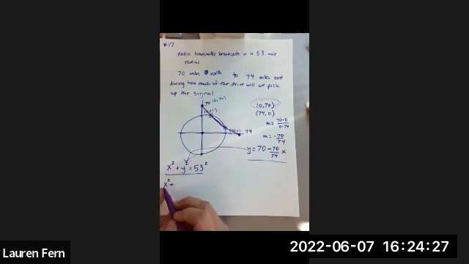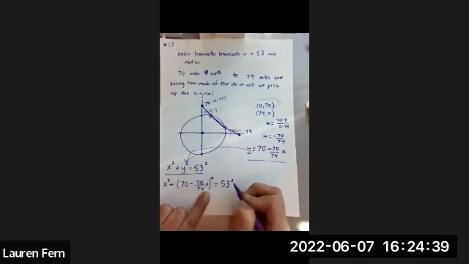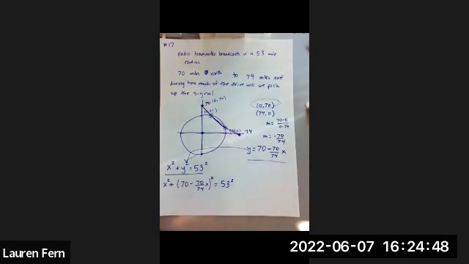I have x squared, and now I know y needs to be 70 minus 70 over 74 x, squared, and that's equal to 53 squared. This is where it's not as pretty, but don't worry, we can deal.